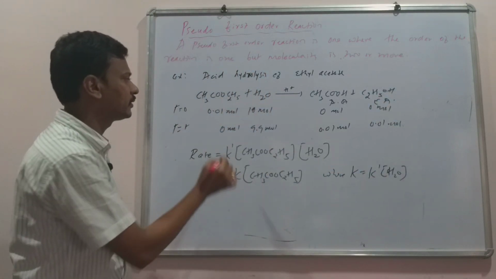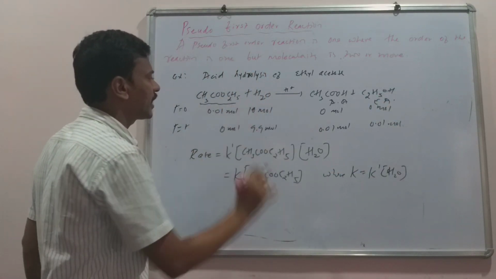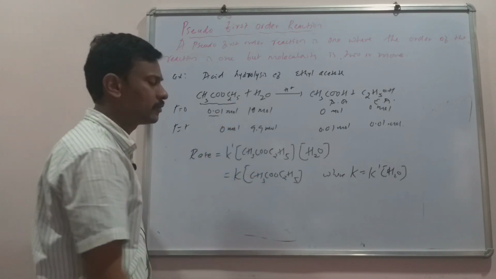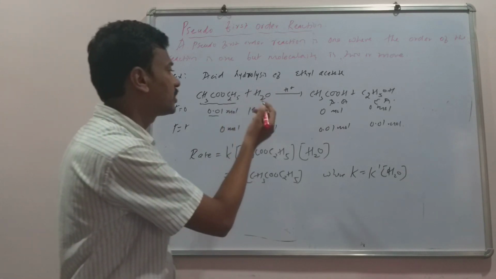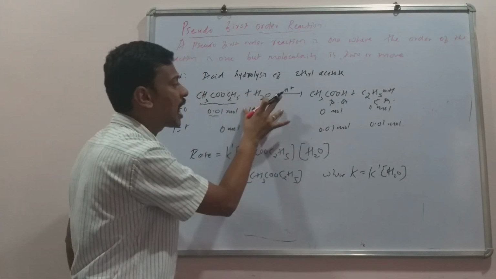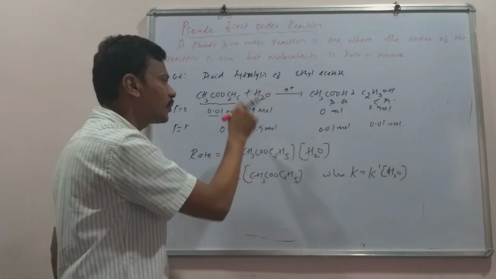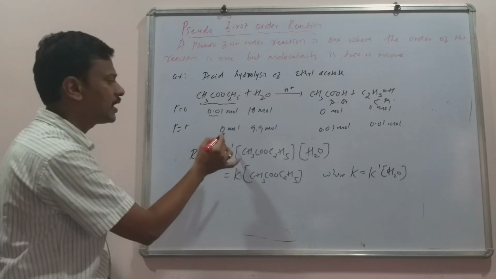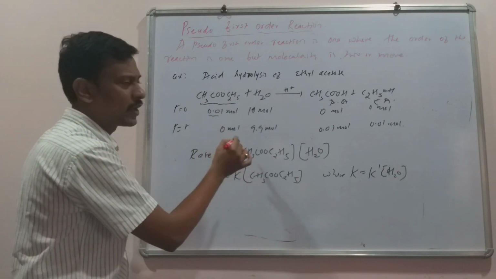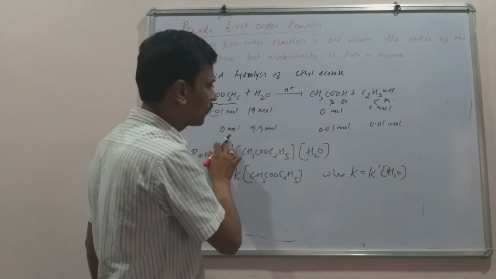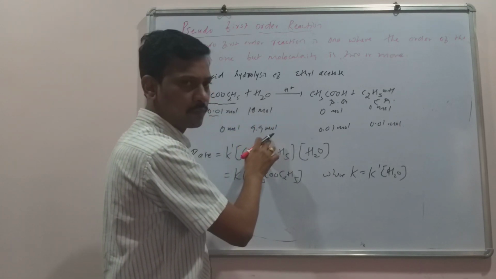In this reaction, ethyl acetate is a very small amount, around 0.01 mole, but water is around 10 mole, which is a very large excess. If you remove 1 ml from this, it will not affect the rate of reaction. Therefore at time t, the 0.01 mole becomes 0, and the 10 mole becomes 9.9 mole.